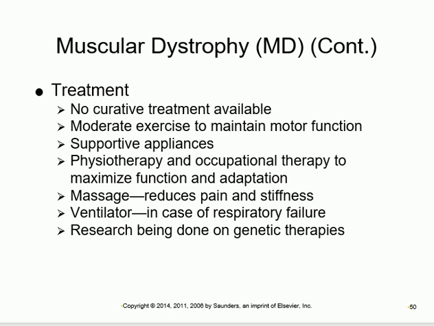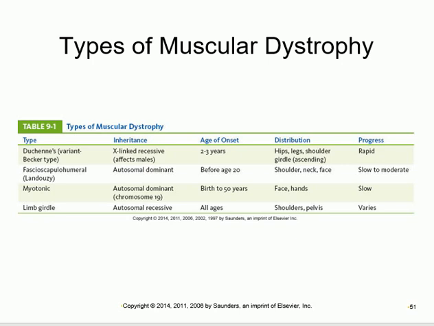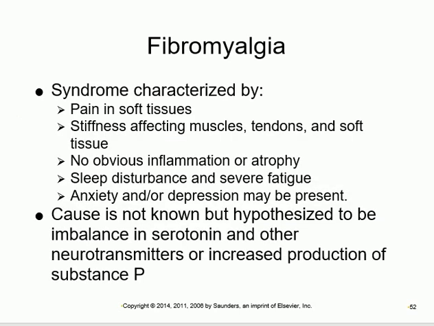They can do some massage, some exercise, supportive appliances, braces, whatever. It's all supportive, but it's not a real treatment. Unfortunately, there is no curative treatment. These are the different types of dystrophies, but I told you the most important one, which is Duchenne. Duchenne muscular dystrophy is the most important of all, and good enough to remember.